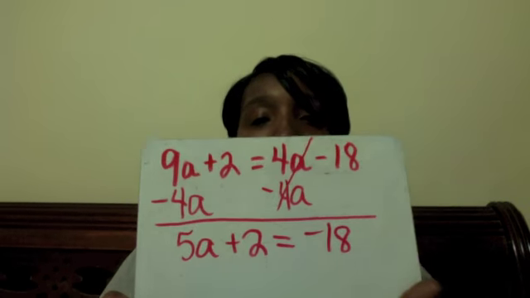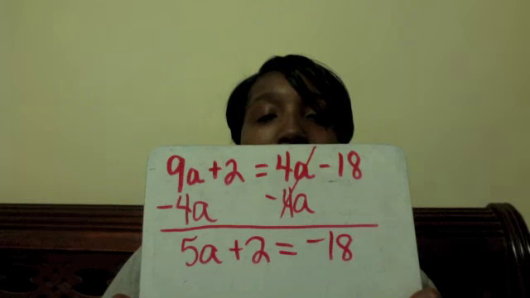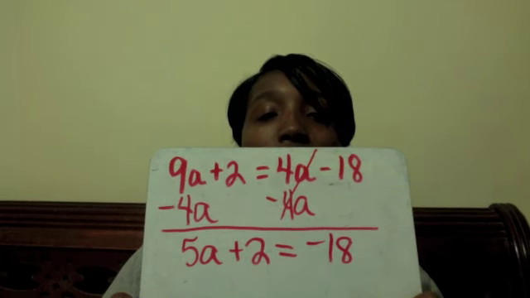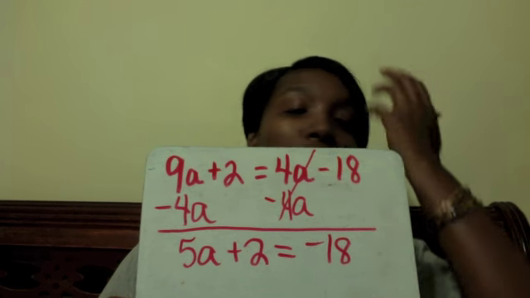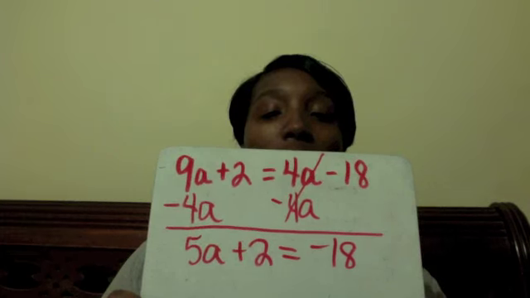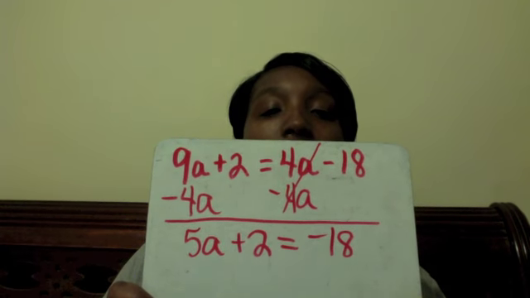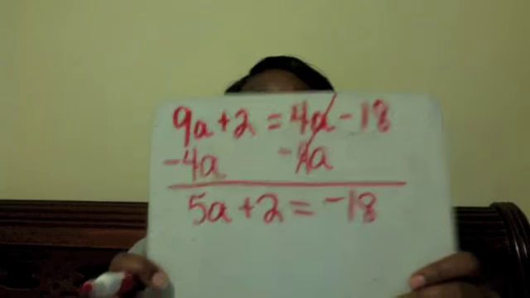So that's going to be 5a plus 2 equals negative 18, because the 4a minus 4a cancels. In other words, it gives me 0. Okay, so now I'm down to a two-step equation, and we can solve that by subtracting 2 from both sides.